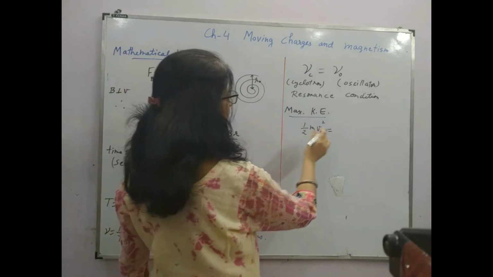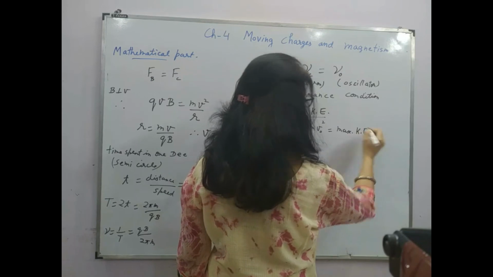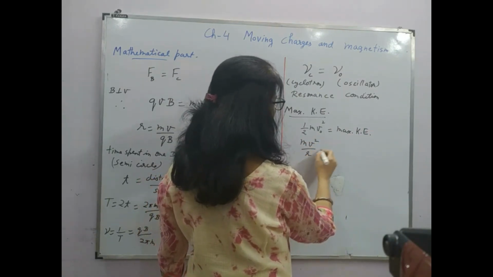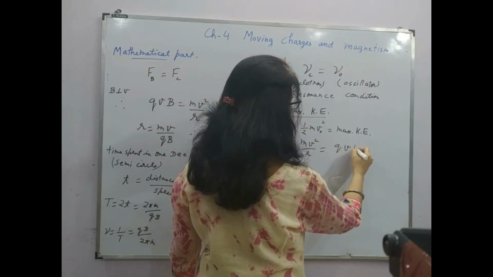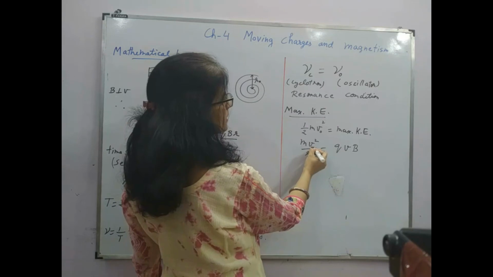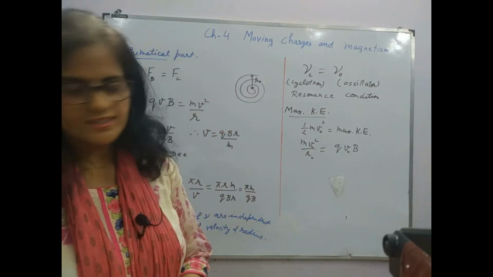Here again, we can use the same relation, that mv square upon r is equal to qvb. If maximum radius is there, that means maximum velocity was there.